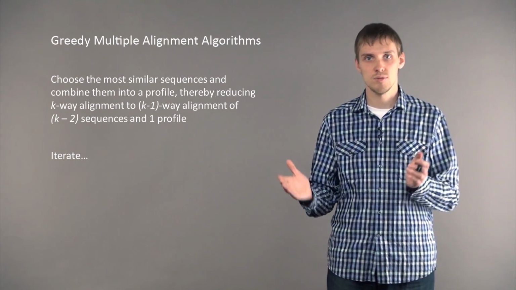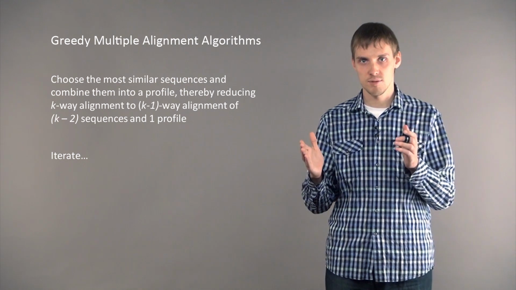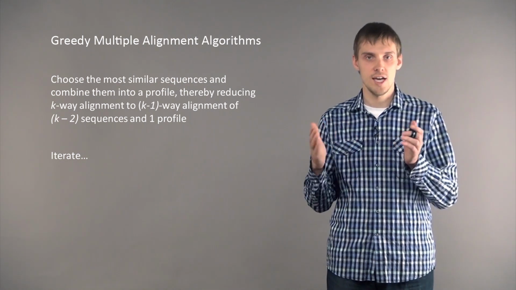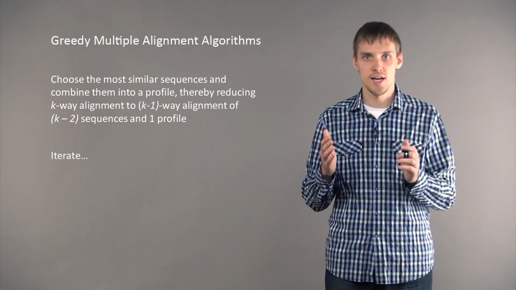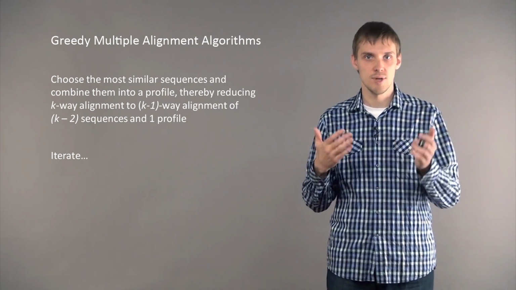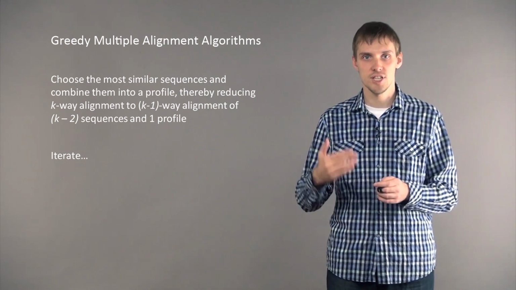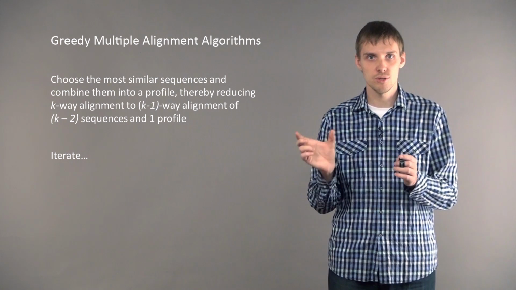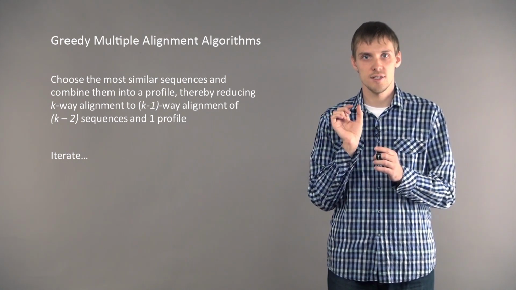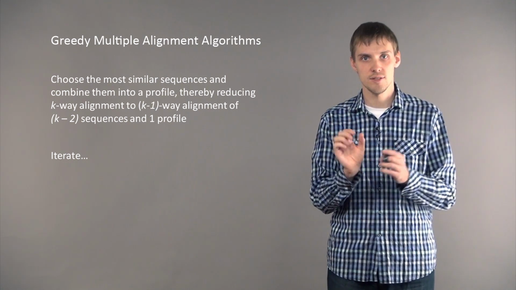After this step, we will have k-1 sequences. Well, actually we will have k-2 sequences and one profile, but we know that we can align a profile in the same way as we align sequences. And we will iterate.